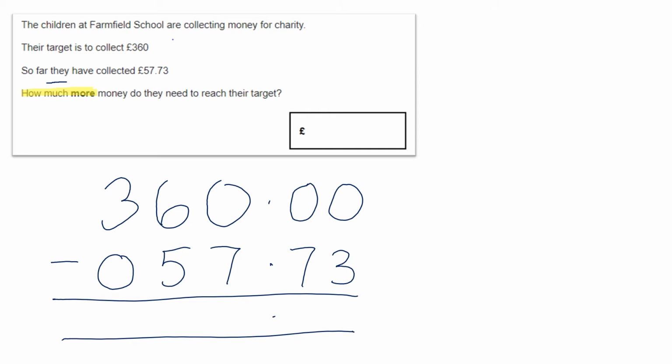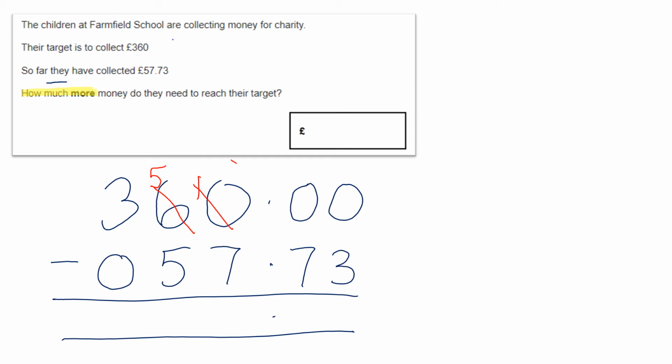£57.73. So starting from the column on the furthest right, in this case the hundredths column, we can't do 0 take away 3. We then look to the next column, the tenths. We can't take from that 0. Ignore the decimal point there for the moment. We can't take from the next 0, so we go all the way to the 6, and we borrow from the 6 to 5, but we can't jump back to the last 0.